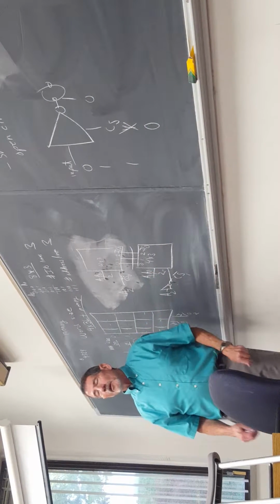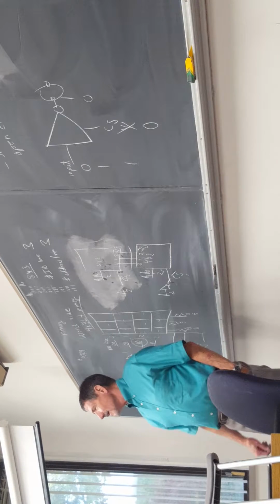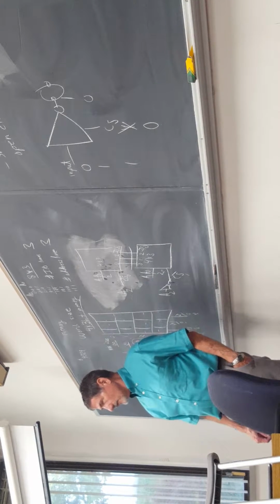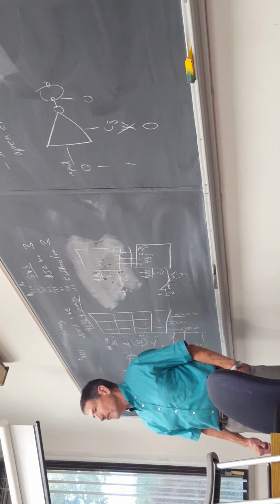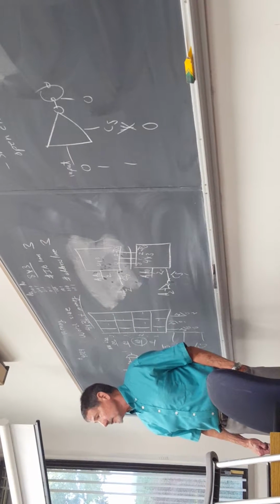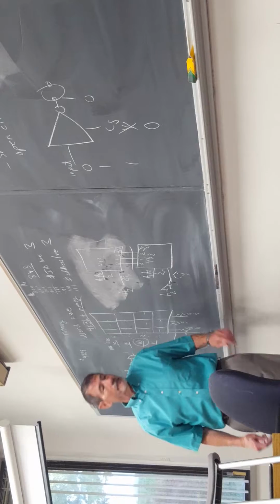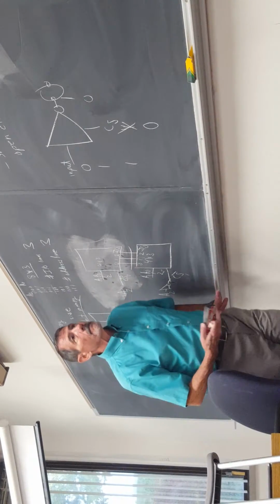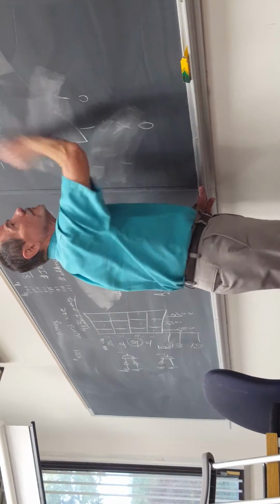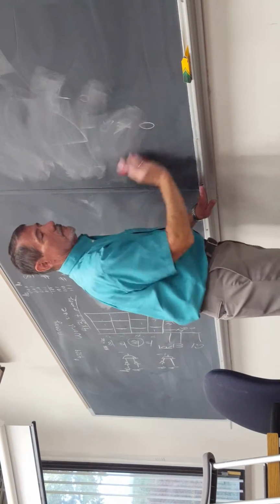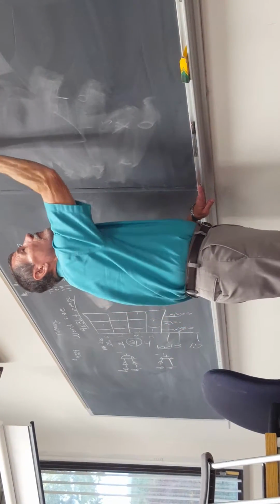Okay. So what would I do if I wanted to make a 16 by 9 memory? You would need 12 cells.